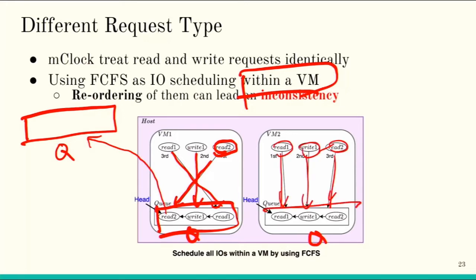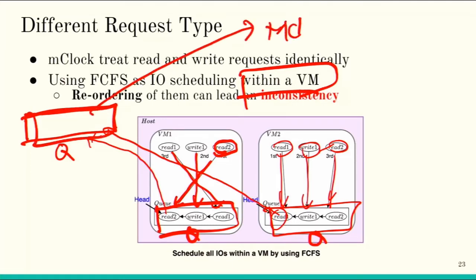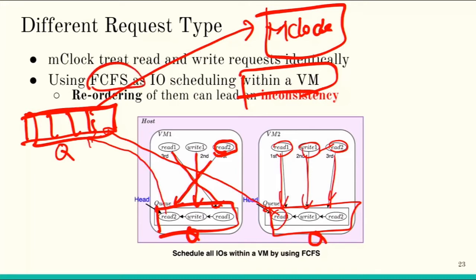This is also a FIFO queue, and then we put this element into this queue. For this queue, we use the mClock algorithm to decide which requests will be processed by the system, again using FCFS without differentiating the treatment between read and write IO.